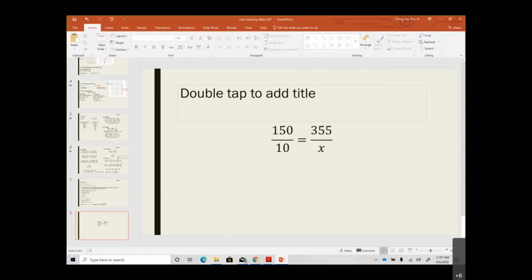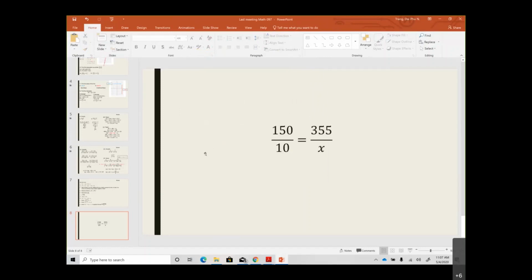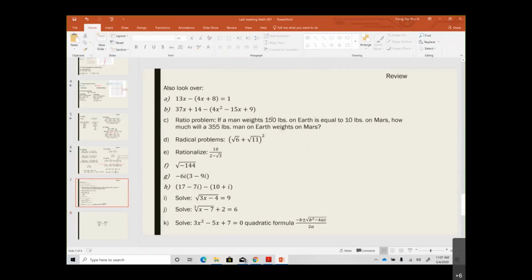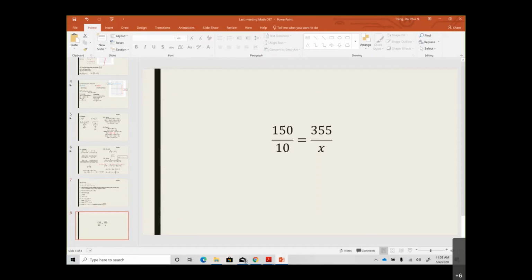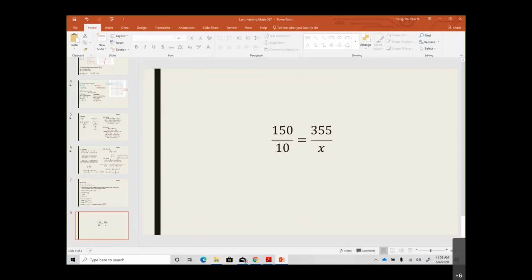This is your proportion here. So this is how you set up the proportion: 150 pounds is equal to 10, which is the ratio 150 to 10. Because they give us the 355 on Earth, my Earth item is here, the 355 is here.